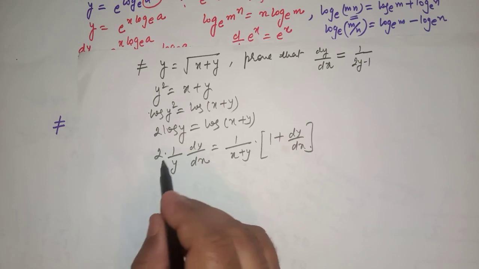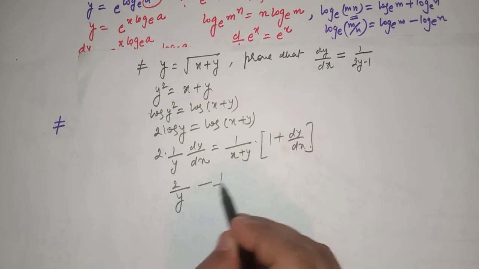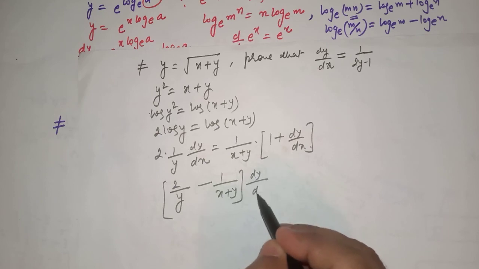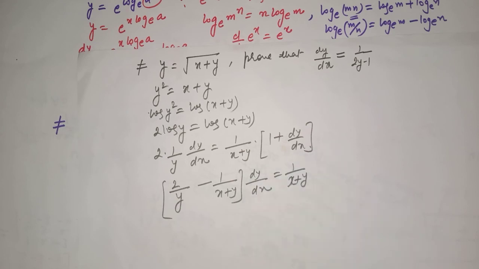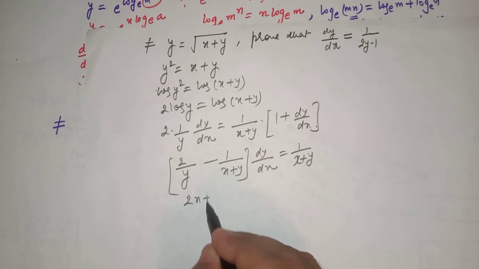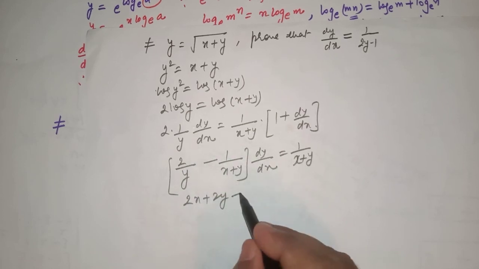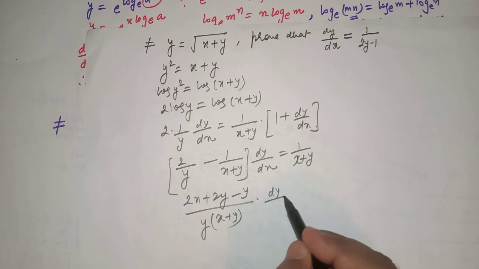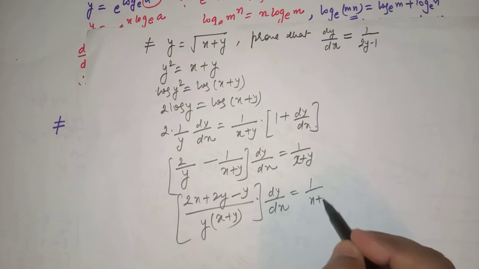Clear? Now we'll simplify it. This is 2 over y dy over dx, and we'll collect the terms here, and here we have 1 over x plus y. Clear? Now taking the LCM, we'll have 2 times x plus 2y. We'll cross multiply, y over x plus y, and here we have y, the derivative of y with respect to x, so this is x plus y.